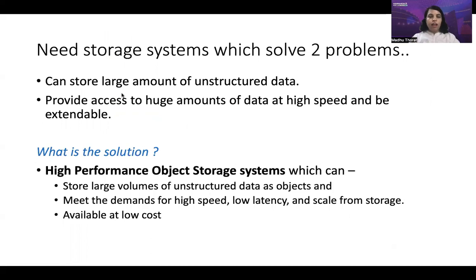The answer is high performance object storage systems, which can take care of your need of storing unstructured data as objects. It will also meet the demands of high speed, low latency, and scalability. And the major advantage of these object storage systems is that they are available at low cost, so storing data becomes cheaper here.